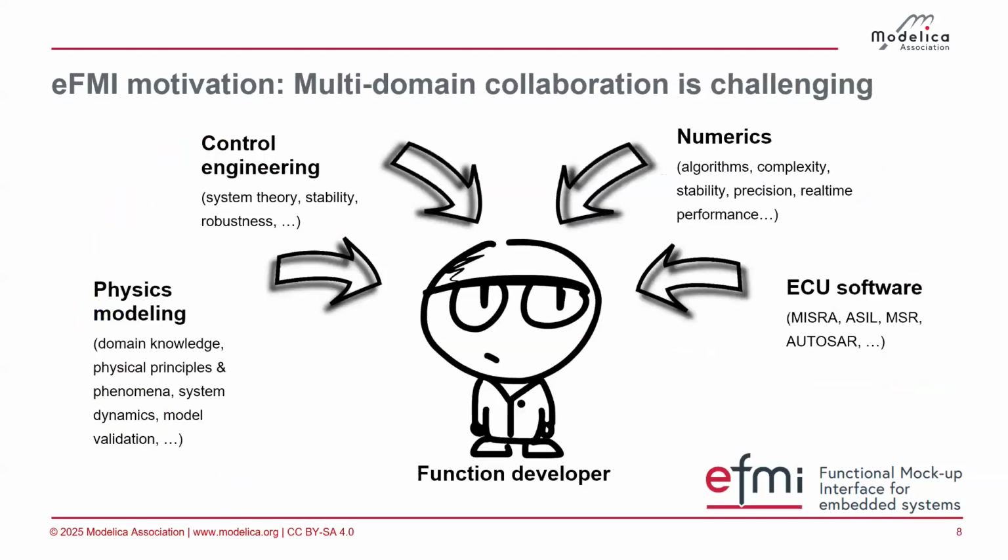If you do it in the traditional way, then you need a lot of different engineers involved. So you start off, let's say, with your offline simulation model, where the physics are modeled, where you need domain knowledge about physical principles and dynamic models. Then you get to control engineering, where you also have a lot of system theory, stability, robustness.